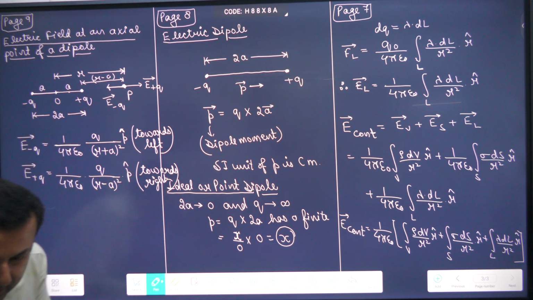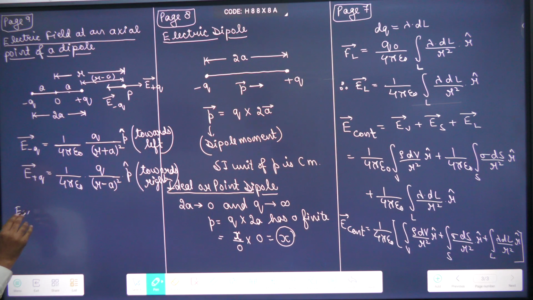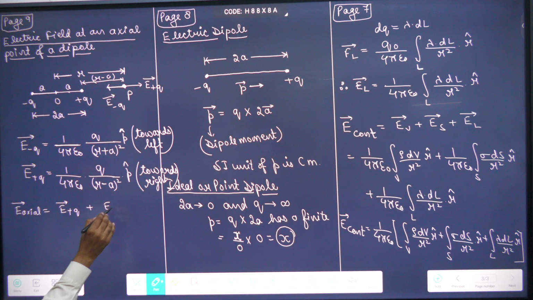The net electric field means the total electric field. E axial is equal to E plus Q vector plus E minus Q vector.